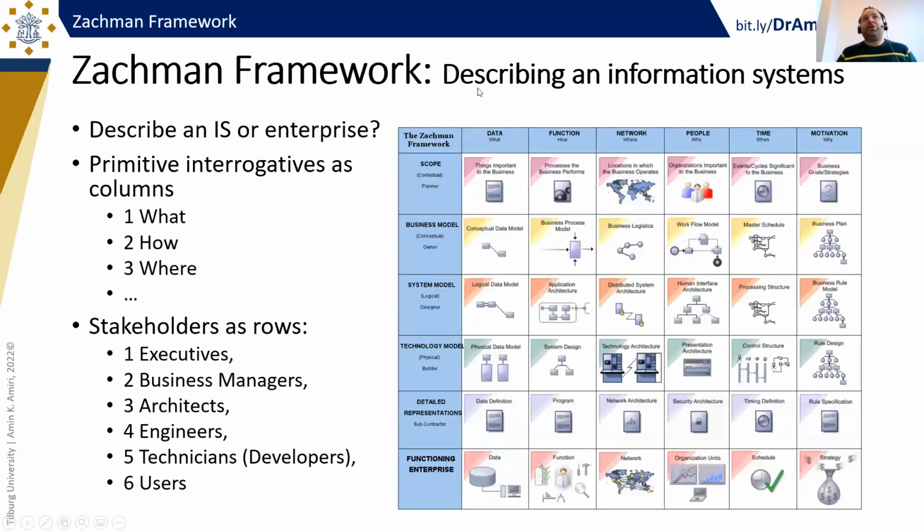So to describe an information system like Canvas, like Osiris, or Tilburg University, Zachman says that you need to first answer six types of questions using these primitive interrogatives: what, how, where, who, when, and why. And by that, he meant that for Canvas, you need to say what kind of data Canvas works on. You said, for example, courses. That's what Yusuf said, huh?